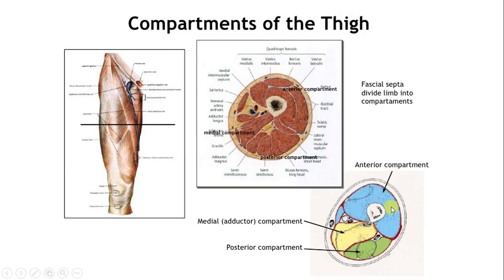If this is the anterior compartment, the intermuscular septum here separates the posterior compartment, and the posterior compartment is separated from the medial compartment by another intermuscular septum, and similarly the medial and anterior compartments. So here lies the posterior compartment.